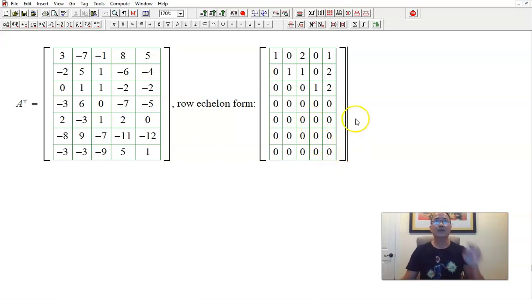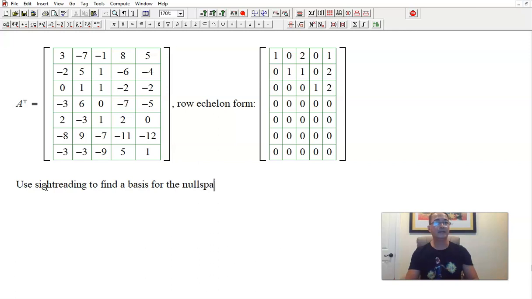Remember, step 1, identify the leading variables and the free variables. So leading 1, 2, and 4. Free variables 3 and 5. Use sight reading to find a basis for the null space of A transpose.